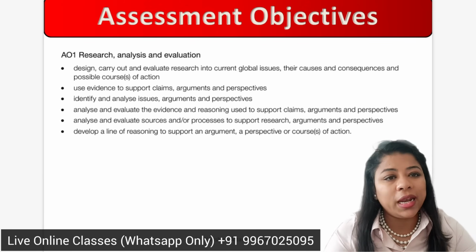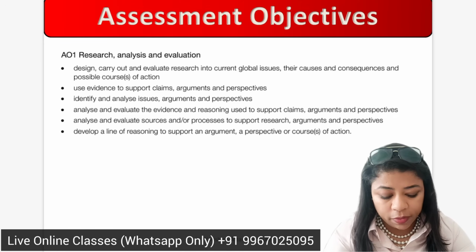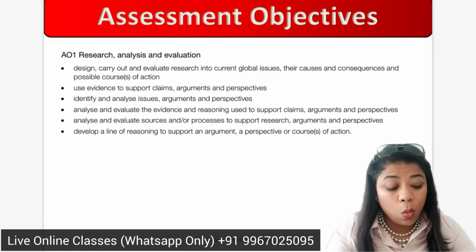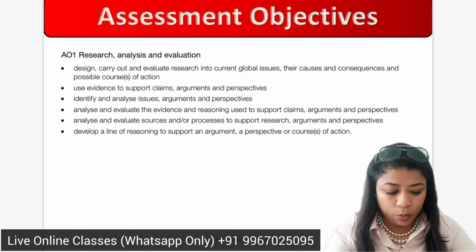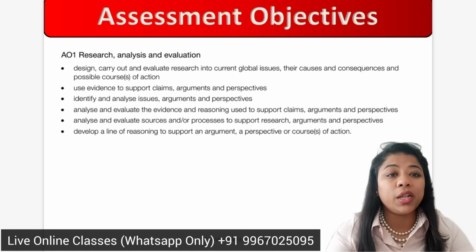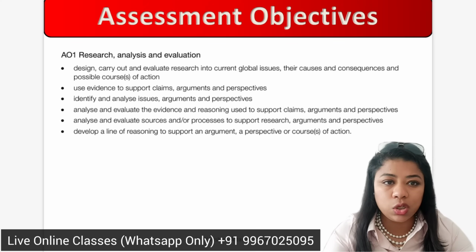AO1, AO2 and AO3. Looking at AO1, your assessment objective 1, which focuses on research, analysis and evaluation. So what are you expected to do? These objectives are majorly for the examiners, so that they know the criteria on which they are supposed to mark the student.